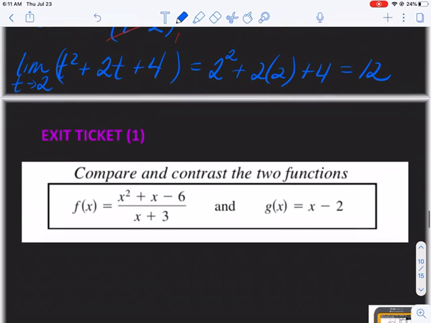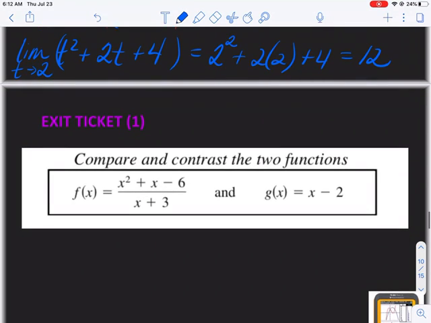Now, for your exit tickets then, you've seen this. Now I want you to discuss this using vocabulary, so to speak. Limits, continuity, other math terms, removable, non-removable, point, jump, or infinite discontinuity. So to compare and contrast.